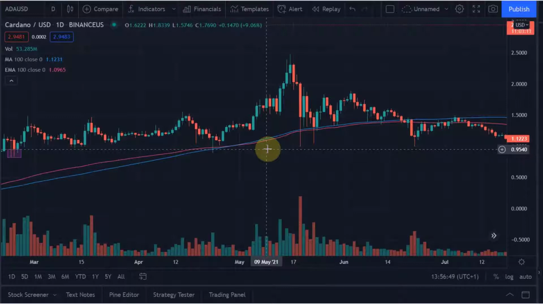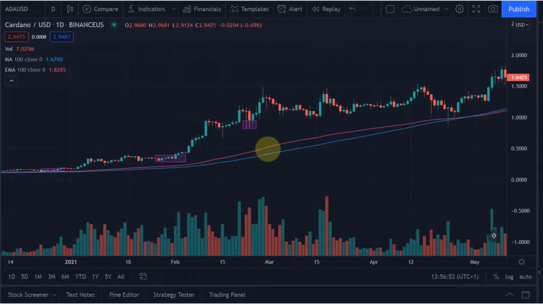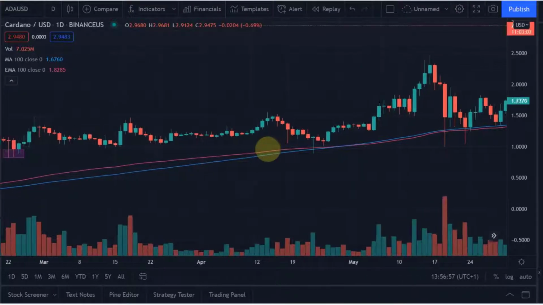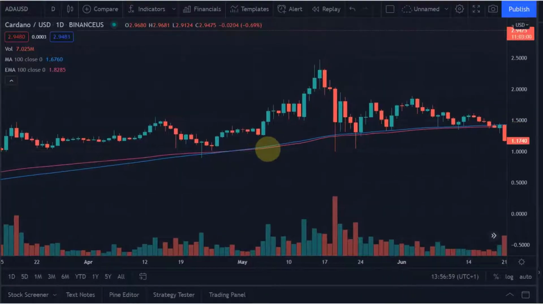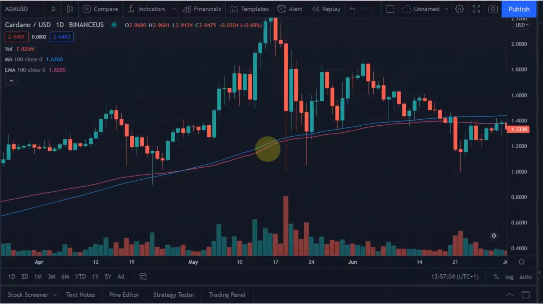But now, again, let's take a look here at this 100 period moving average chart, with both the simple and the exponential moving average here on the daily chart. And what you can see, sometimes you've got the simple moving average closer to the price action, and sometimes you have the exponential moving average closer to the price action.